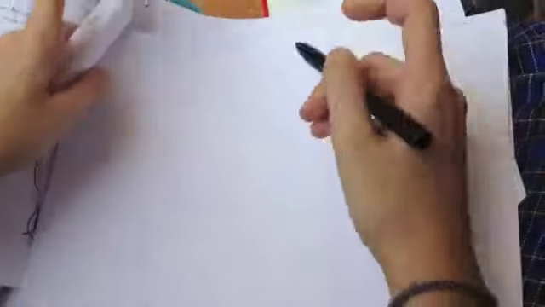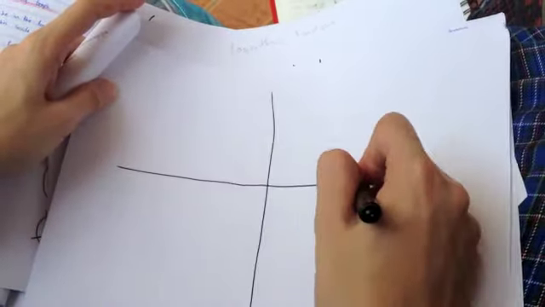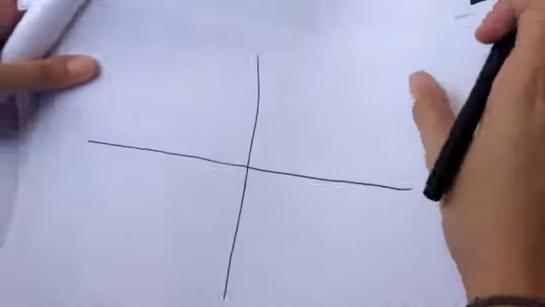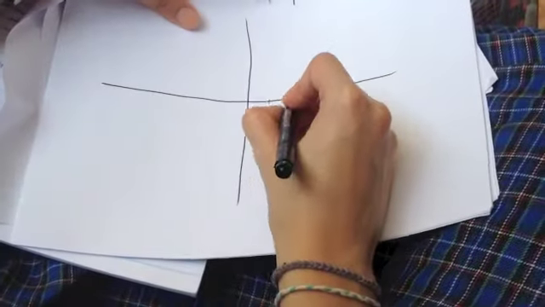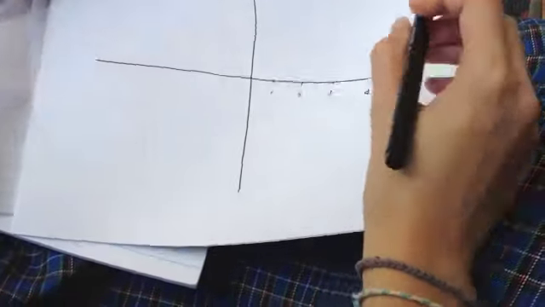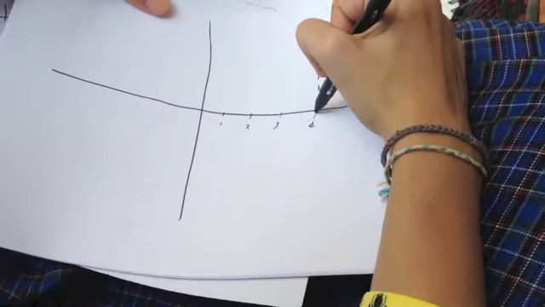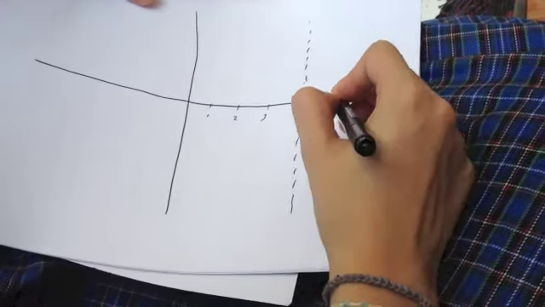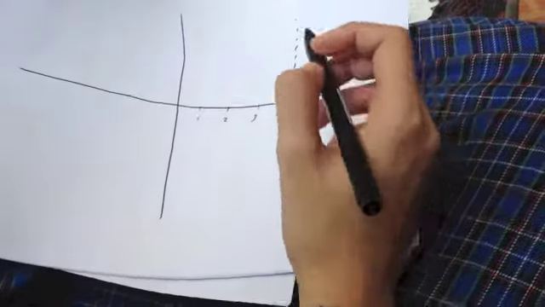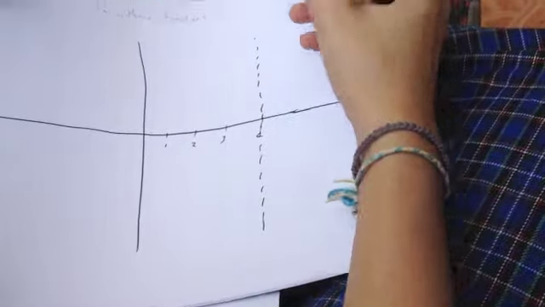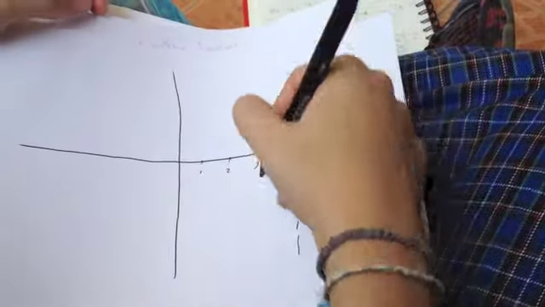So now we're going to make the graph here. This is the graph. First we need to graph the VA. We found the VA, which is 4. So here, 1, 2, 3, 4. So there, graph 4, like that. For the VA, we're going to graph the line as a dashed line, a dotted line, like that.